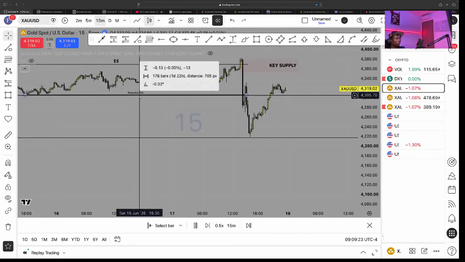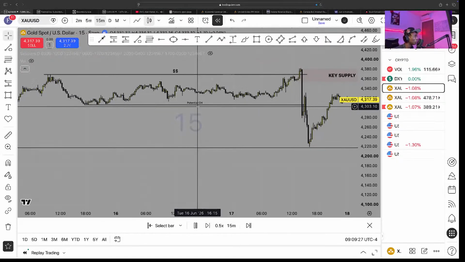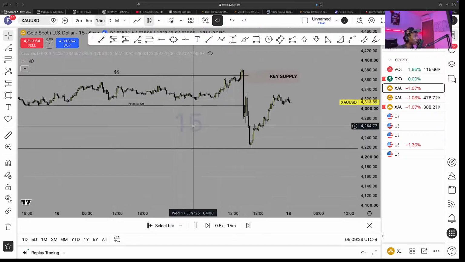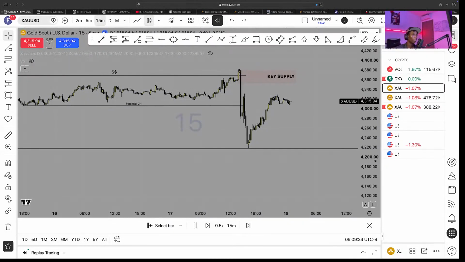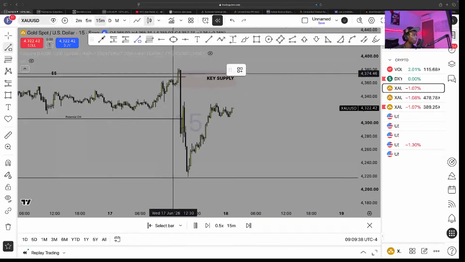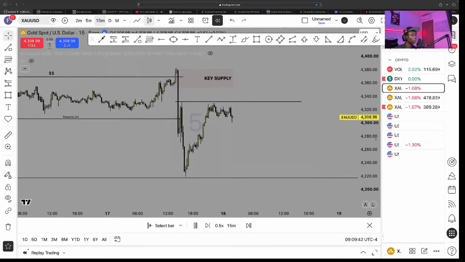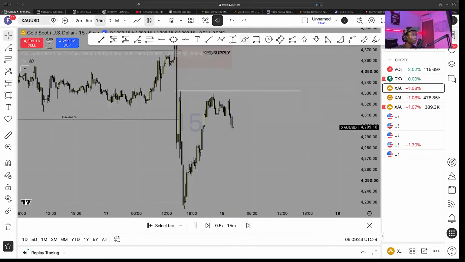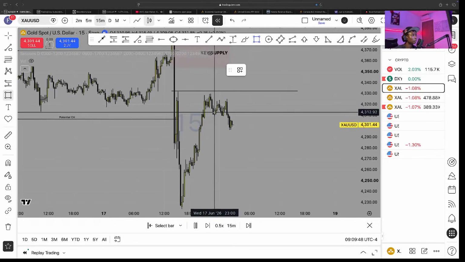I'm gonna change it to a real change of character. It's not gonna be partial change of character anymore, because if I have a break below here, the trend has confirmed. But for now, let's say this point might just be a liquidity. This was the last demand, a break of structure.